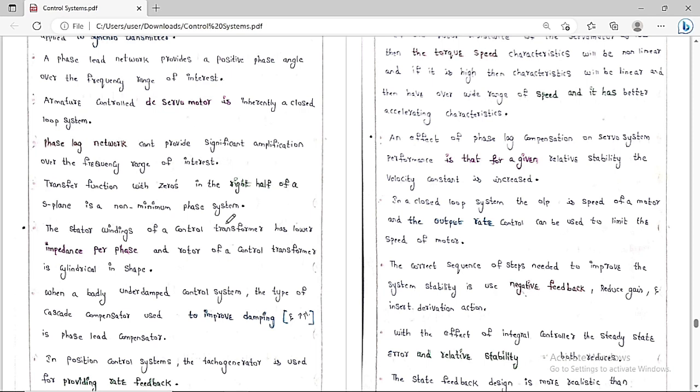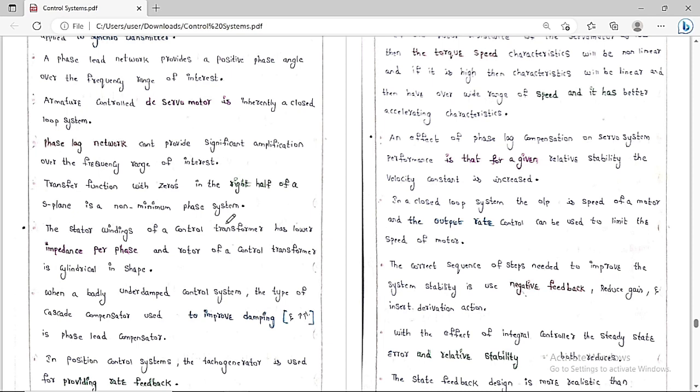These points you always have to keep in mind for a control transformer. The stator windings have low impedance per phase and the rotor is cylindrical in shape.